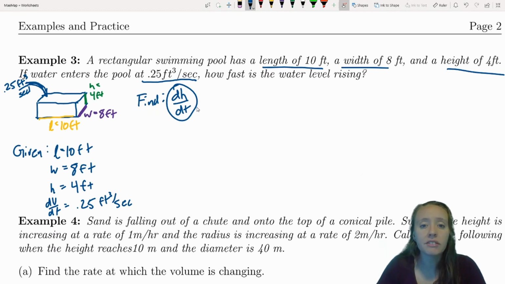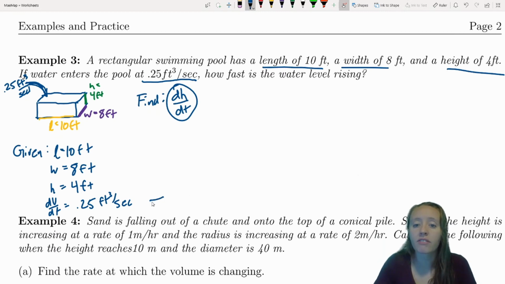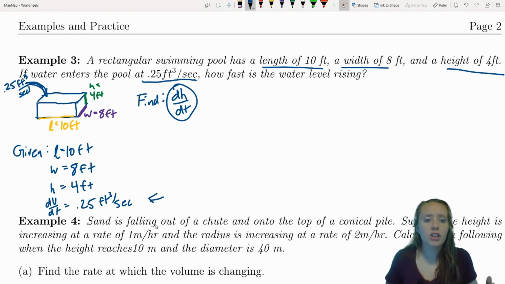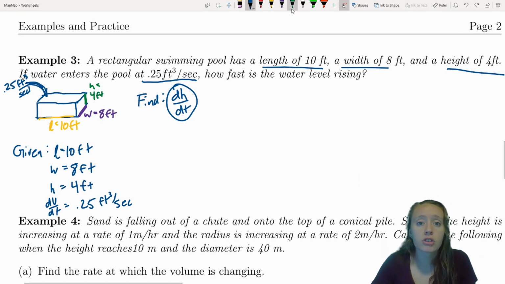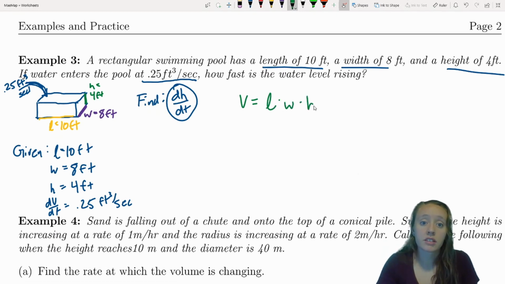Now, we need to figure out some formula to relate our given information in order to find the rate the height is changing. And because we're given the rate the volume is changing, we'll probably go ahead and use the volume formula for a rectangular prism. So I'm going to say that my volume is equal to length times width times height.